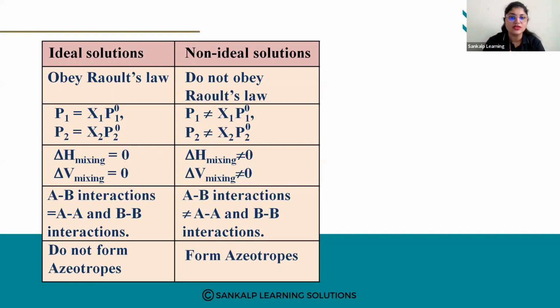In a non-ideal solution, solute-solute and solvent-solvent interactions are not equal to solute-solvent interactions. Because of this, delta V mix and delta H mix will not be equal to 0. Upon mixing, there will be some change in volume and enthalpy.